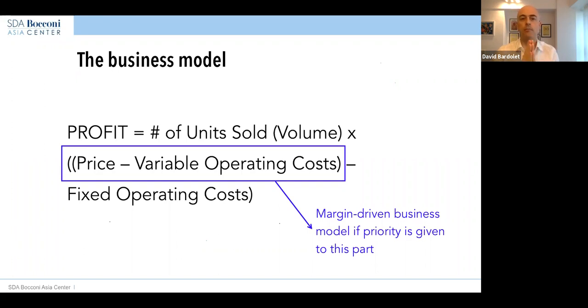And being volume driven meant that the managers in that company were thinking, how many kilometers of cable have we sold this month? And that meant that the managers had goals based on, we need to sell this many kilometers of cable this month. So the salespeople go out and they'll do anything to reach that goal.